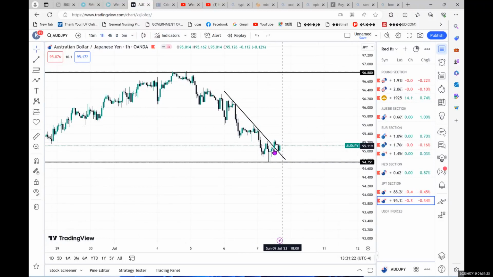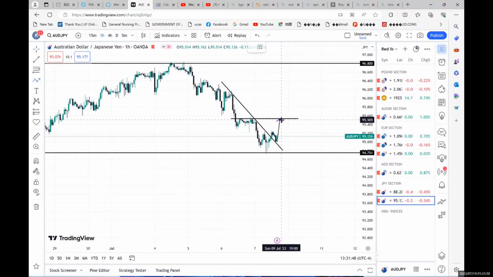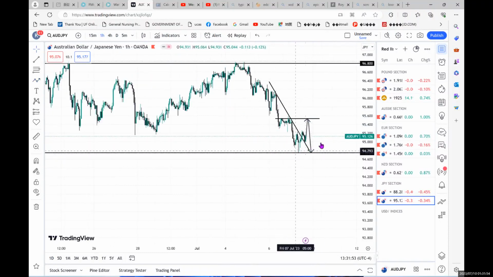We broke out of the trend line, retested it, and then we could continue back up into this high here, because this here is our last lower high. So even if price breaks out of the trend line and gives us this retest here, pushing up, we still have to watch out for this last lower high here, because price can reach there and just drop back down to this level here.